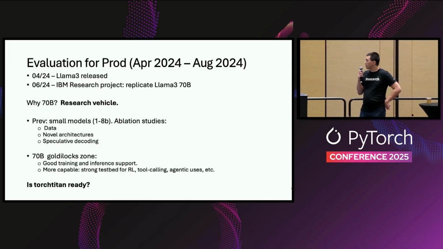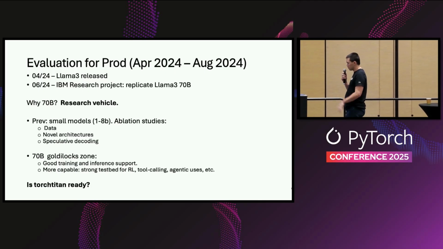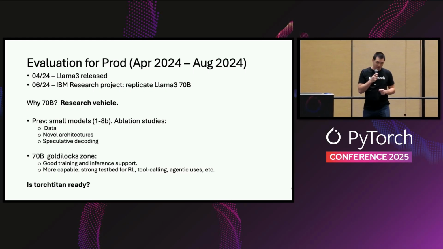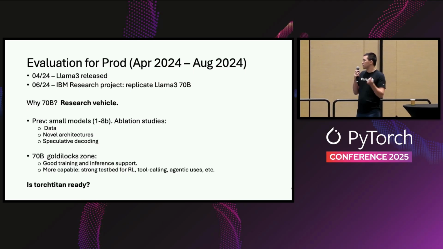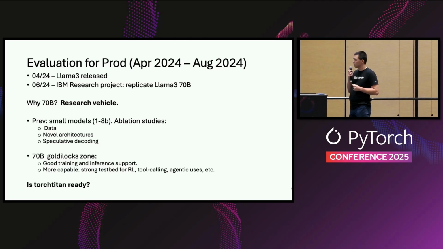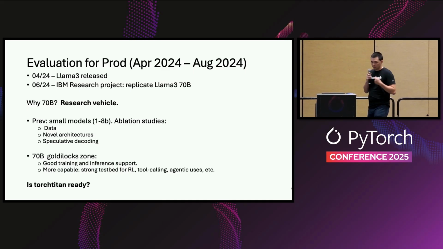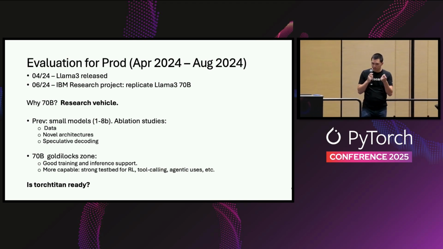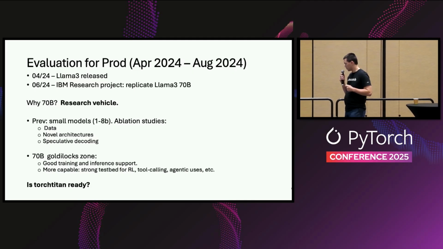So a lot of our previous work tended to focus on smaller models, or maybe not so small back at the time, which are really good for quick iteration, data ablation, novel architecture exploration, speculative decoding, things like that. But a 70B model is more in the Goldilocks zone, where it's much larger, but you don't need too specialized training to train it well.